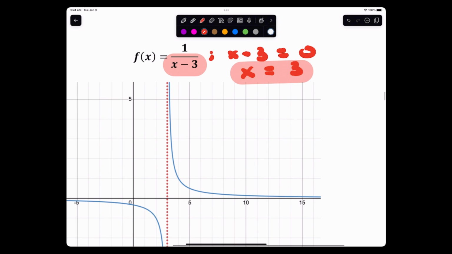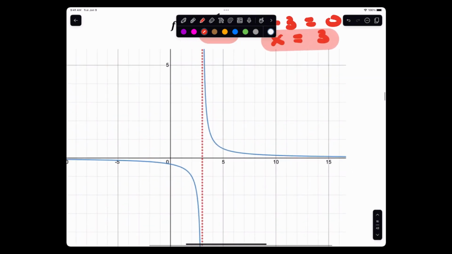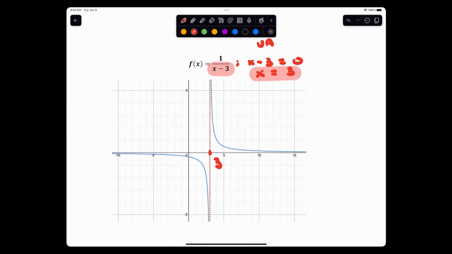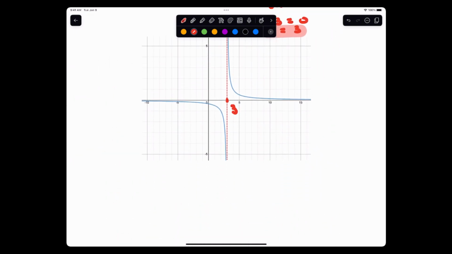All right, now, the graph, what you guys see here, is exactly that. This is where that x is 3 would be. So what kind of questions do you think they're going to ask you? They're going to say, what's the limit as x goes to 3 from the left of 1 over x minus 3?